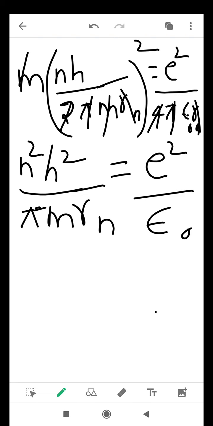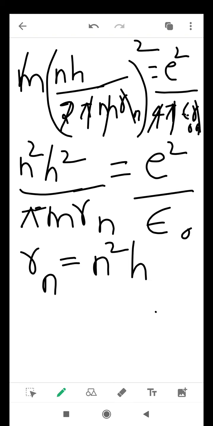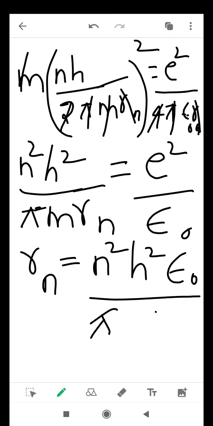Therefore we get the equation for Rn: Rn is equal to n square h square epsilon naught divided by pi m e square. Let us call this equation number 4.